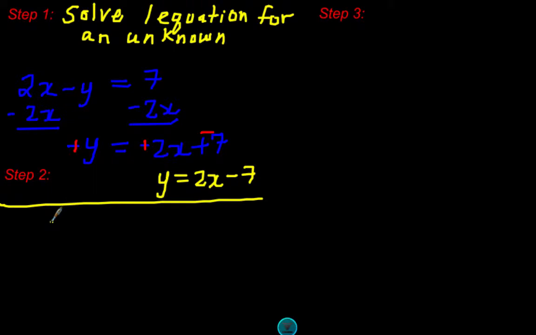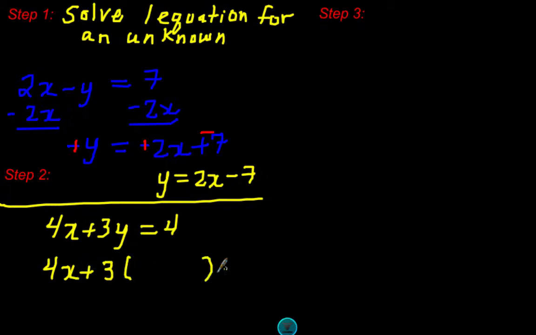In step 2, we're going to plug our answer from step 1 into the non-used equation. Our non-used equation in this case is 4x plus 3y equals 4. This equation is going to get substituted in for y. So we have 4x plus 3 times our new expression, 2x minus 7, and that's all equal to 4.